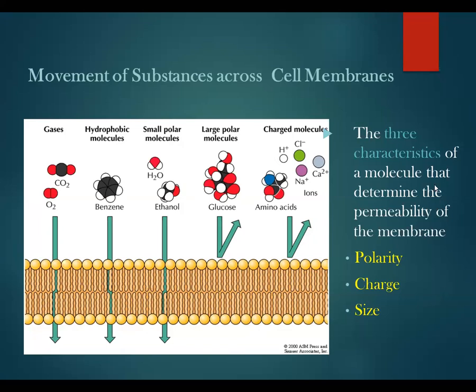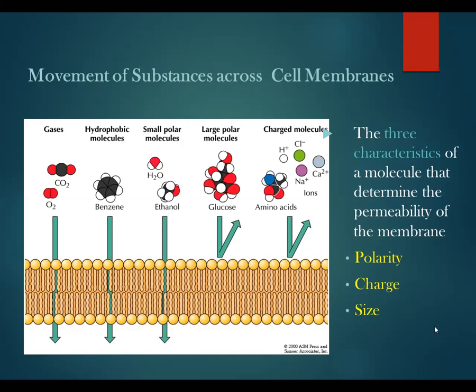With respect to this, we can conclude that the permeation of any molecule depends on three properties: polarity of the molecule, charge of the molecule, and size of the molecule. So the three characteristics of a molecule that determine the permeability of the membrane are polarity, charge, and size.